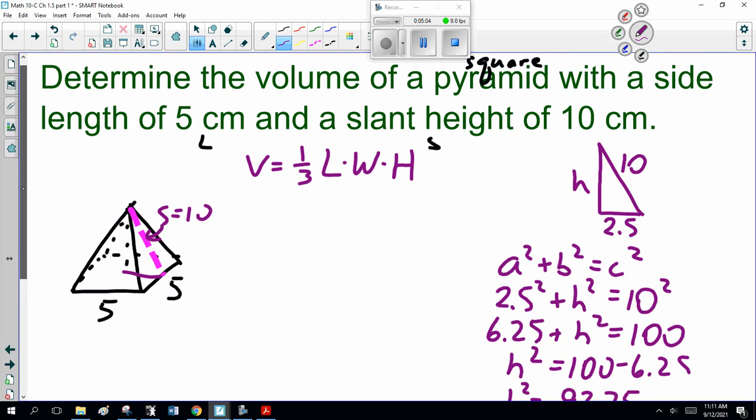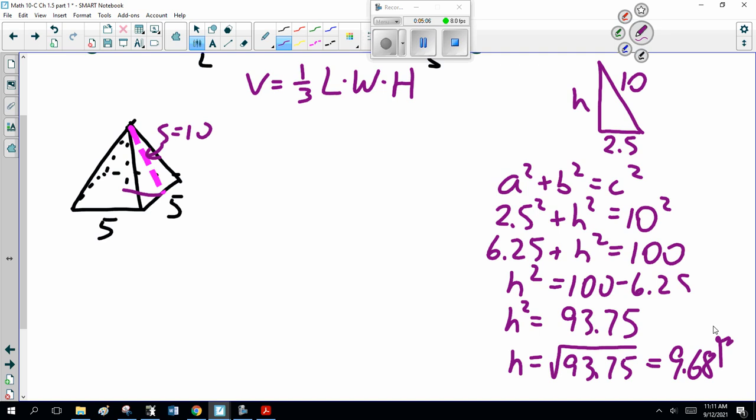What are my units? Centimeters. Oh, you poopy head. Okay. So volume is 1/3, 5 centimeters times 5 centimeters times 9.68 centimeters.